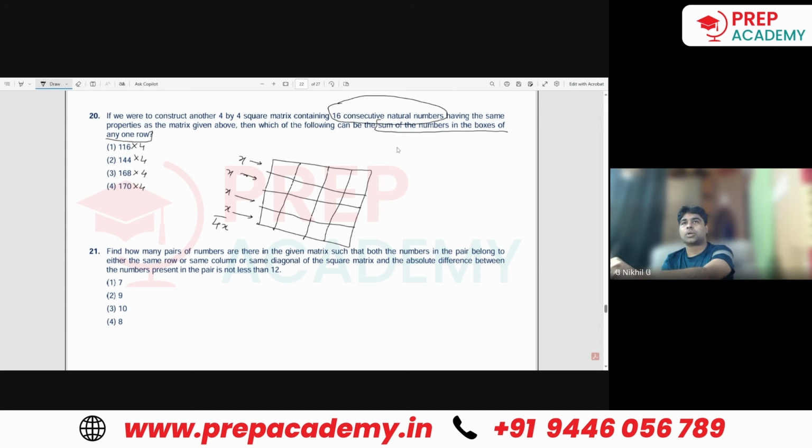So if the first term is A, the next term would be A plus 1. The next term would be A plus 2. Isn't it? Yes, sir. So what would be the sum of 16 terms where the first term is A and the common difference is 1?